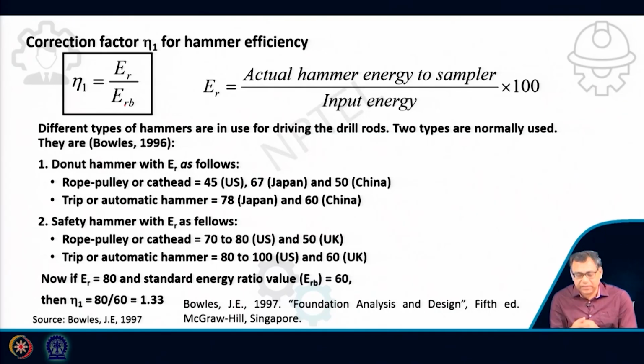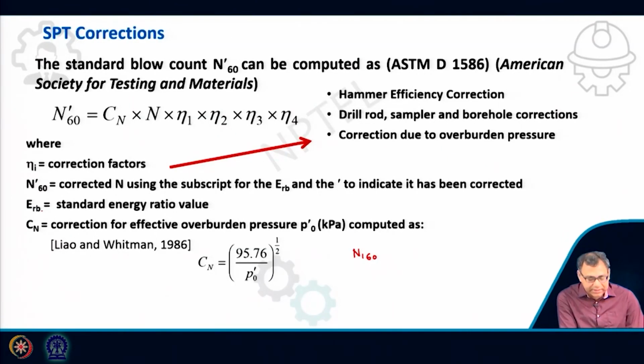If those are different, then that is your ER. And so you can see the ERB. ERB means at what energy value we want to represent the N value. So ER is representing that. ERB is the standard energy ratio value.